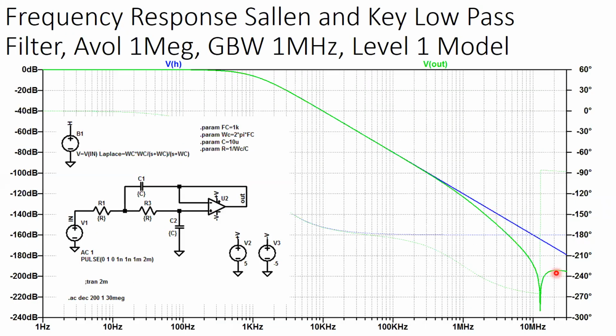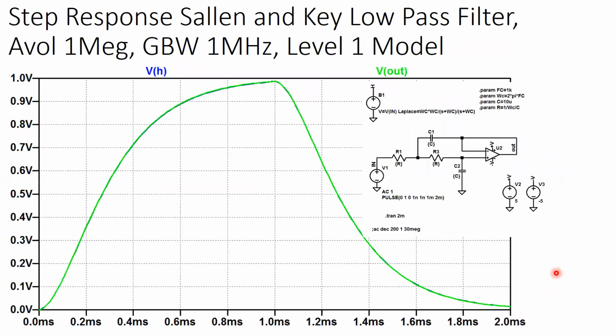And it is. Now I'm putting in a step function and doing it in time. And notice it matches pretty darn well, right? That is a second order low pass step function response. Looks overdamped, right?